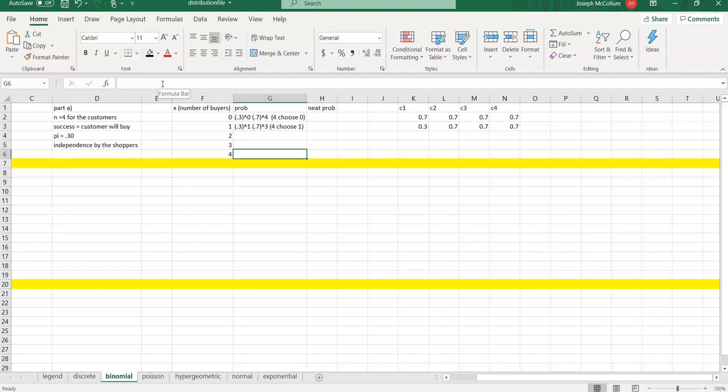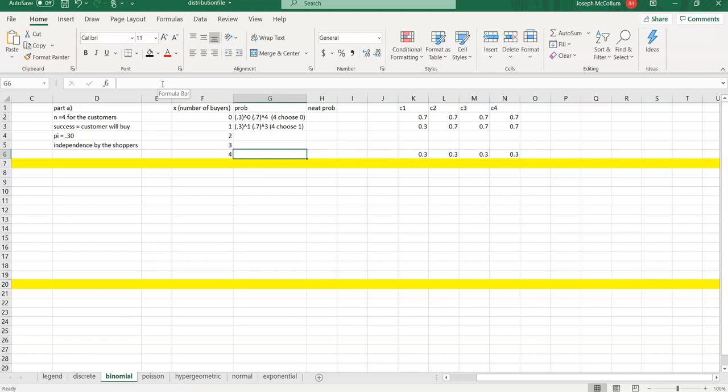All right, let's go down to this. Right here, 4. All 4 customers. So that means all 4 customers say yes. That's pretty easy, right? How many ways can all 4 say yes? Only one way, this way. It's really easy to do the endpoints of the binomial because it's either all no or all yes, all fail or all success.